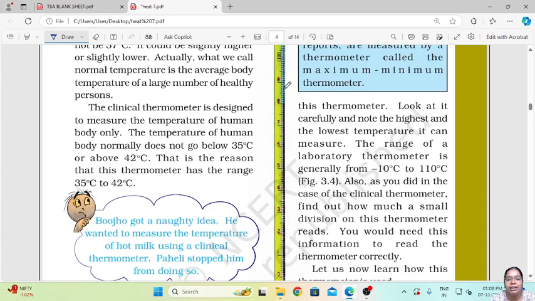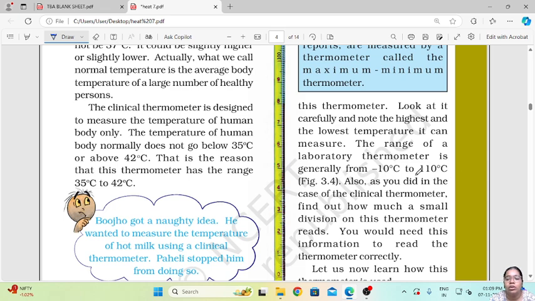It is basically a very long tube. It is similar to the clinical thermometer, but the clinical thermometer has a range of 35 to 42 degrees, while the laboratory thermometer has a wider range, that is from minus 10 degrees, so it can measure colder temperatures. The highest range is 110 degrees Celsius.